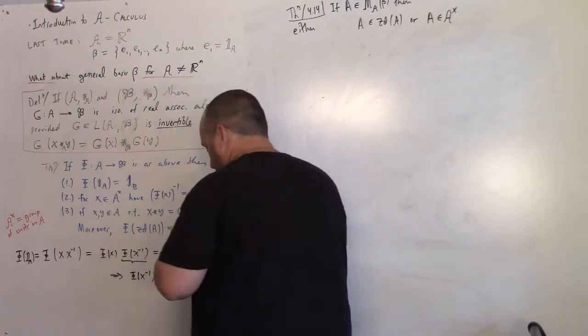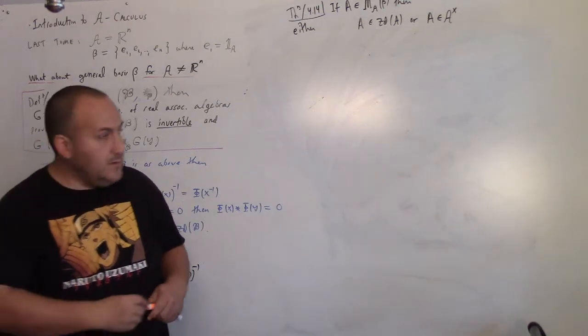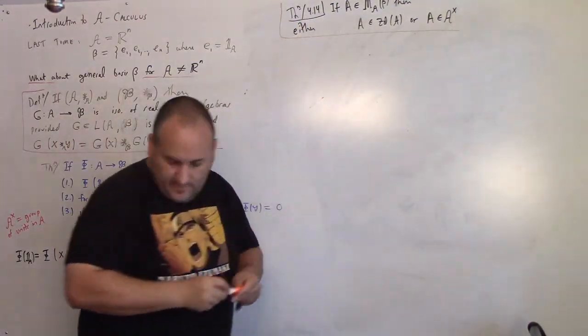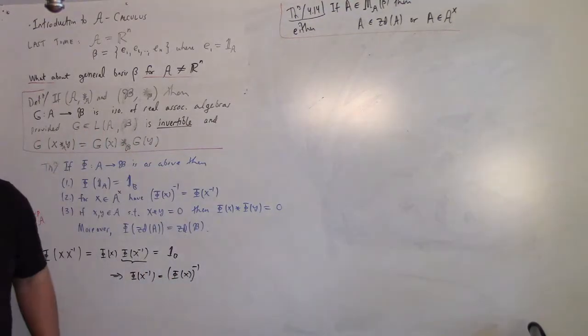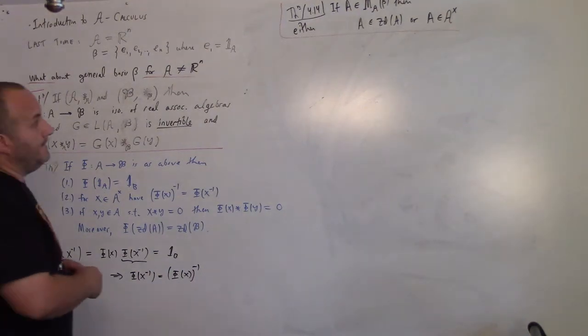Okay? And so the proof of this is essentially based on the determinant. Are we saying beta is v1, v2, through vn?